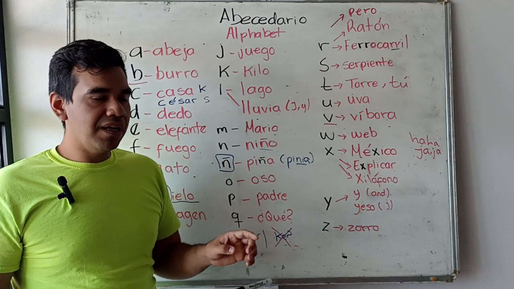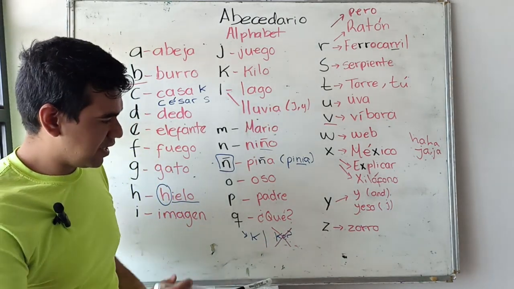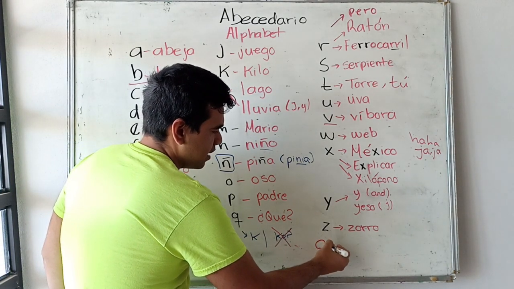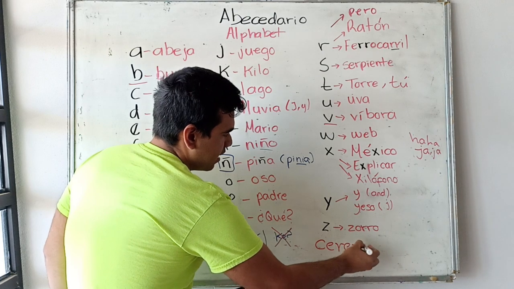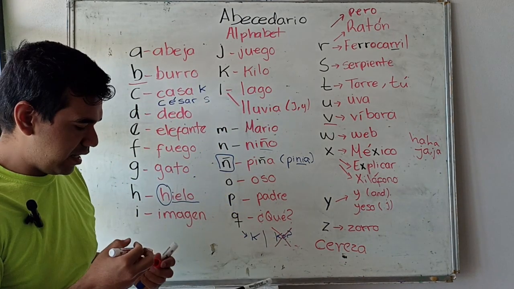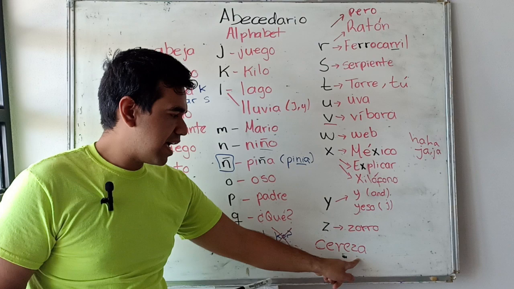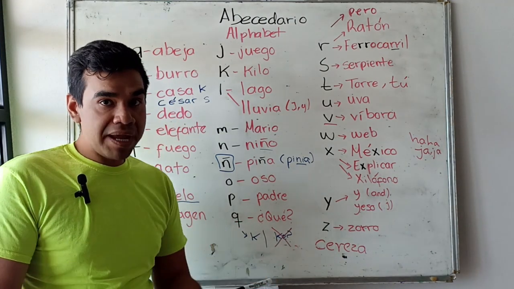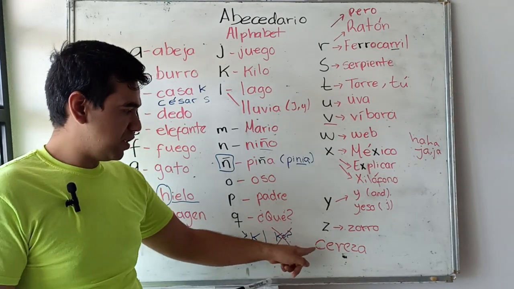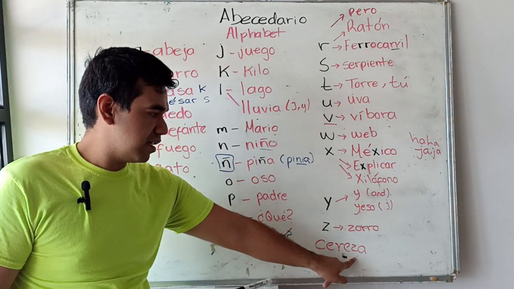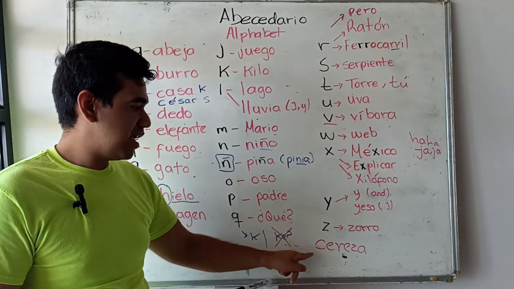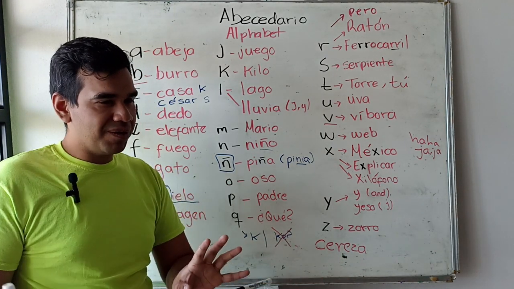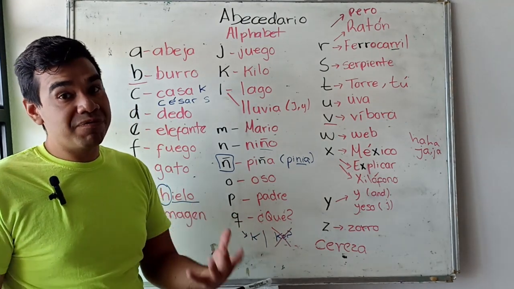To explain this, just to finish, take the word cereza. You hear me? I don't make any difference in the letters. But in Spain, they make the difference between C and the letter Z. I think that's the pronunciation, but I don't know because I'm not from Spain.